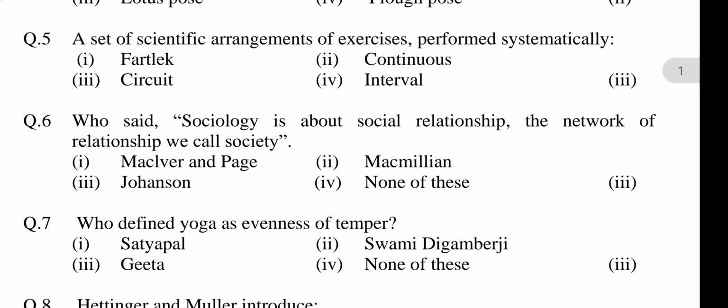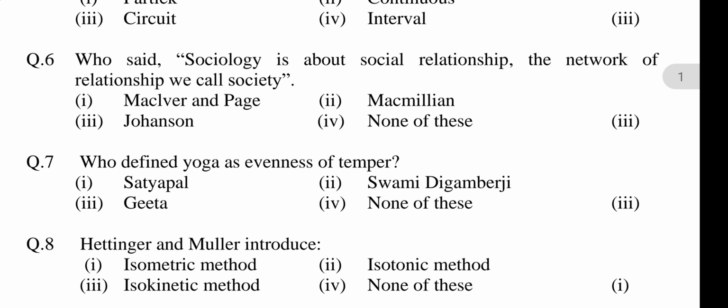Question number 6. Who said sociology is about social relationship, the network of relationship we call society? Option first, McIver and Page. Second, Macmillan. Third, Johnson. Fourth, none of these.